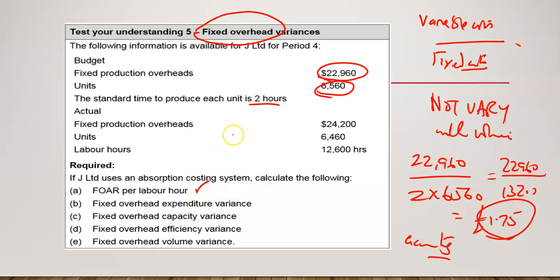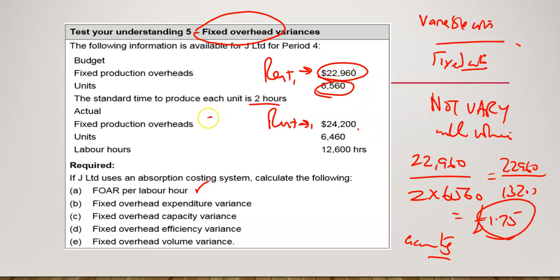Now, the real and only variance, imagine this was rent. We thought our rent was going to be 22,960. Actually, our rent was 24,200. So we thought the rent was going to be this, and this is what it actually was. Now, the difference between this and this is the actual only real variance.